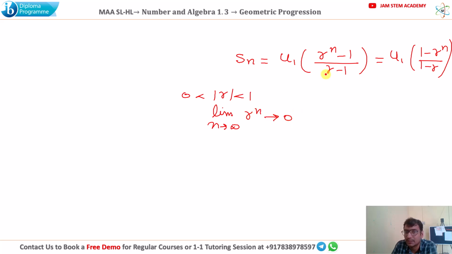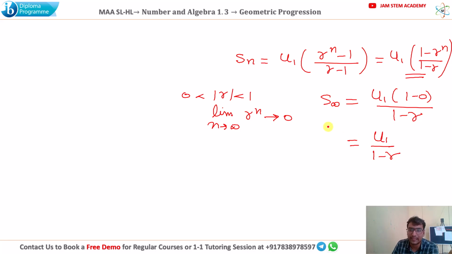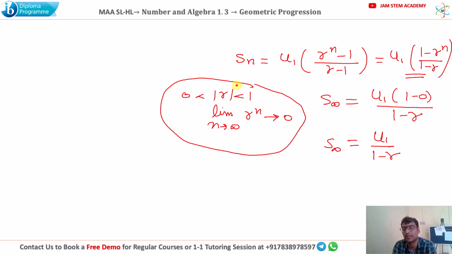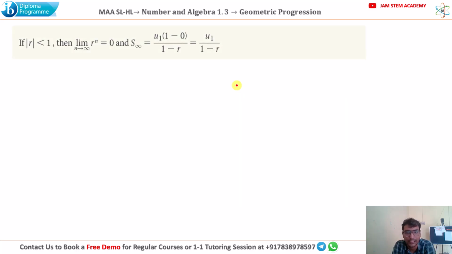So the sum of infinite terms will be u1 times 1 minus 0 divided by 1 minus r, which is simply u1 divided by 1 minus r. So whenever you have to find the sum of infinite terms of a GP, with the condition that its common ratio magnitude lies between 0 to 1, you can directly use this. Okay, that's it.